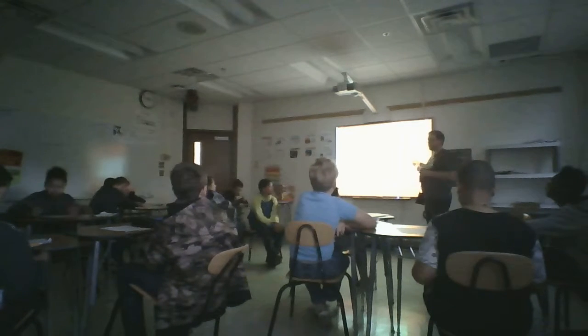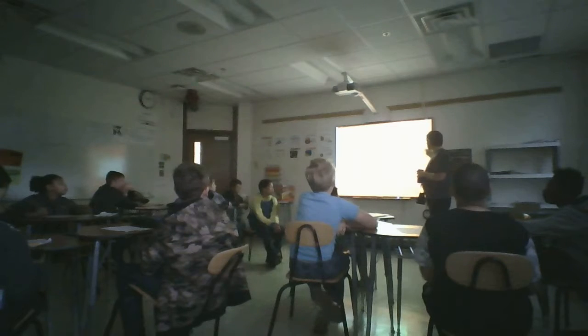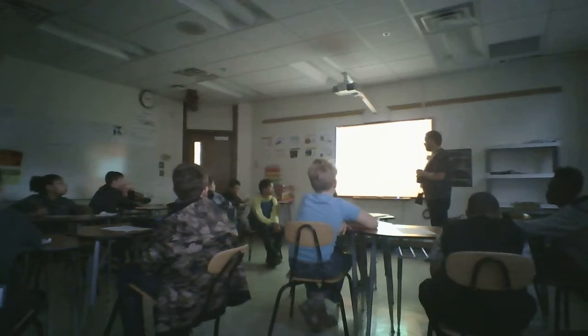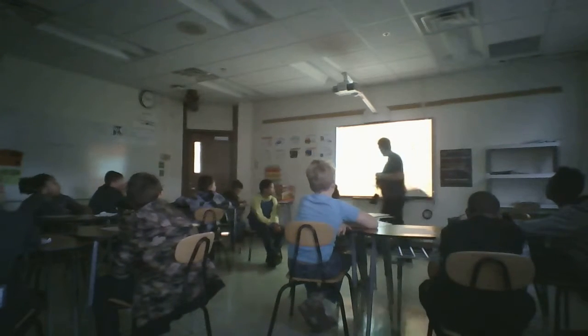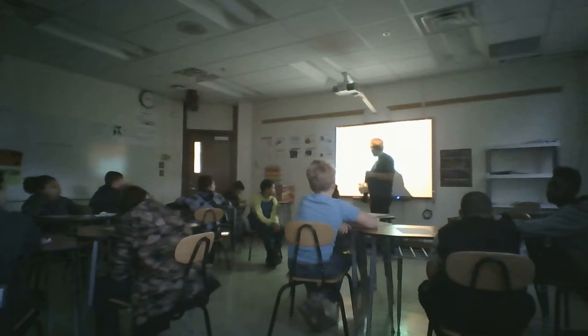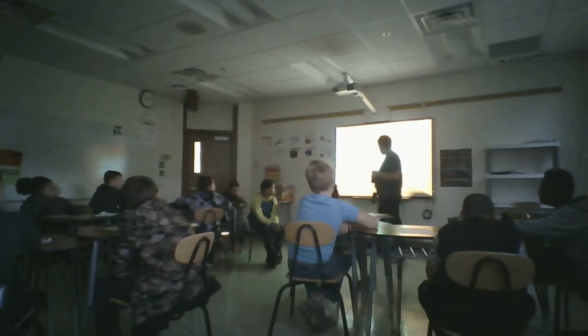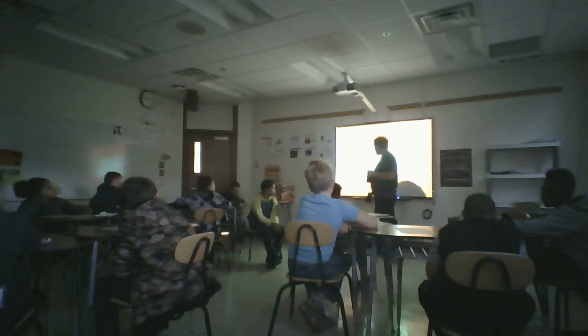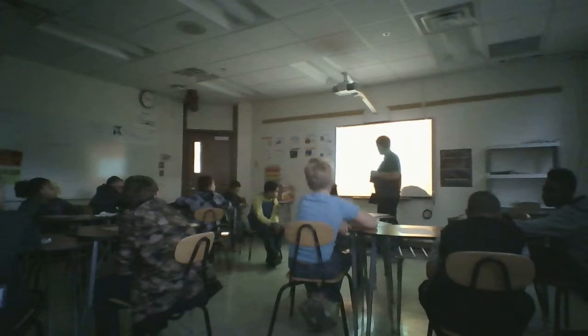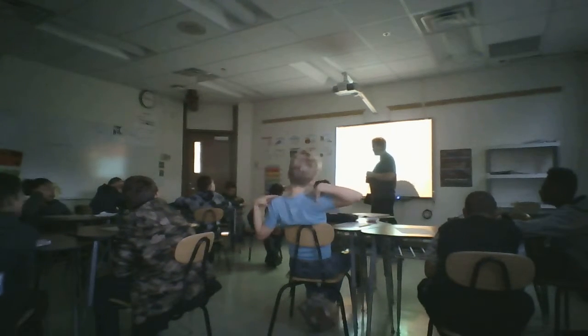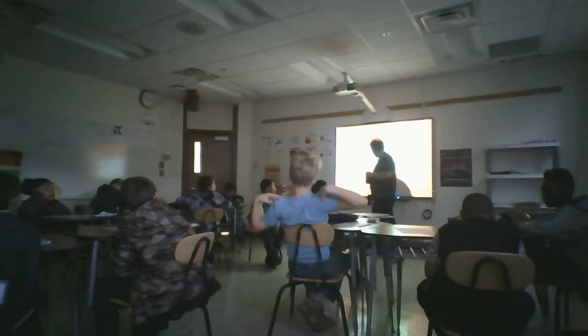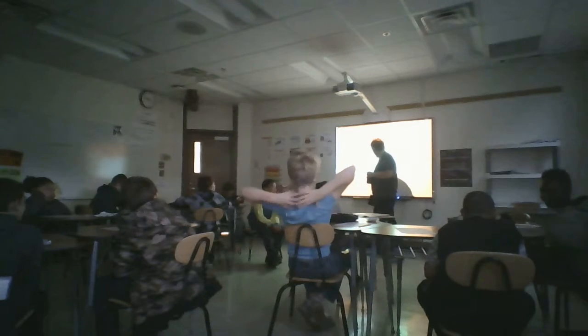How many 12s can fit into 25? 2, which leaves us 1 over 12. Good. And how many 21s can fit into 48? 2. And that leaves us 6 over 21.